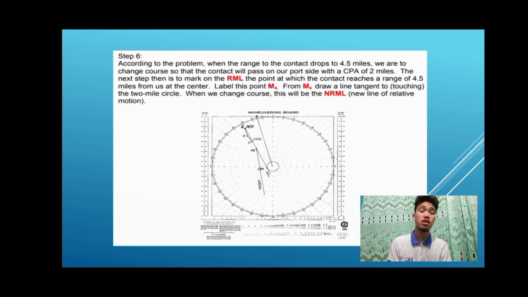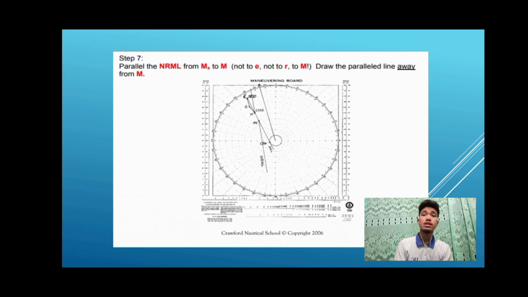The next step is to parallel the NRML from MX to M, not to E, not to R, but to M. Draw the parallel line away from M. As we can see in the maneuvering board, some of the steps are already done.